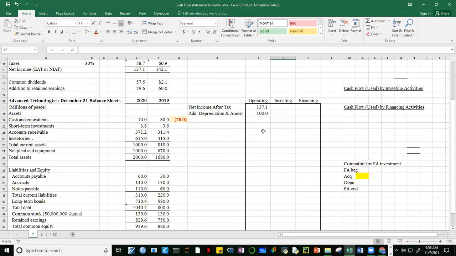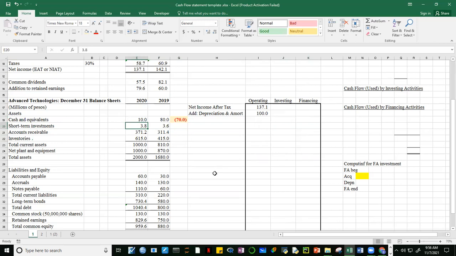We're not going to include cash here, cash and cash equivalents, because this is what we're investigating. Okay. Short-term investments will fall under financing because this is a financing activity. Okay. This involves interest. And then notice that short-term investments increased from 3.6 to 3.8 million.